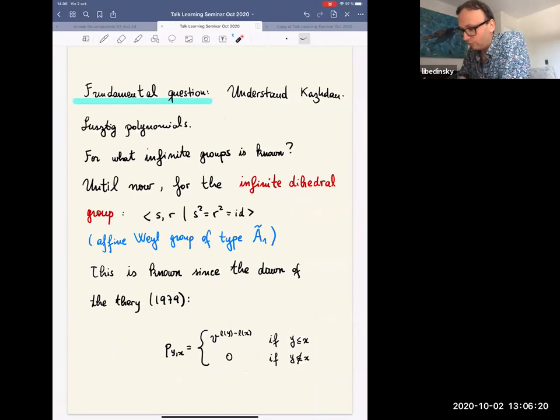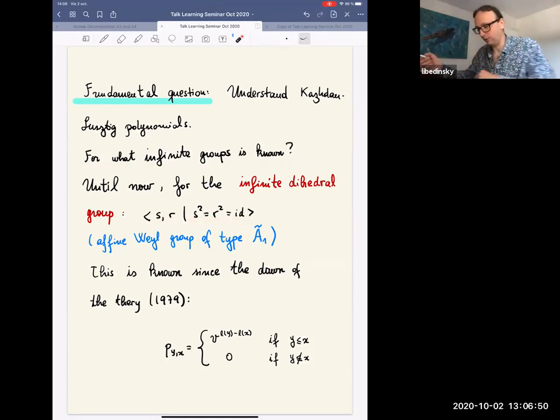One would like to understand what these polynomials are, and one could ask for which infinite groups you can calculate all the Kazhdan-Lusztig polynomials. Until last year, we only knew the infinite dihedral group, the group generated by s and r with relations s squared equals r squared equals the identity and no other relations.